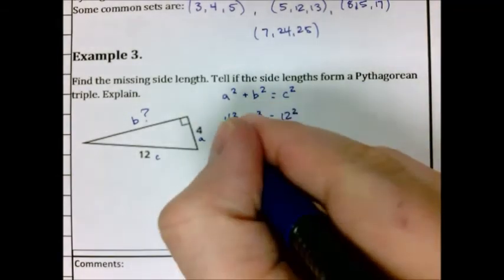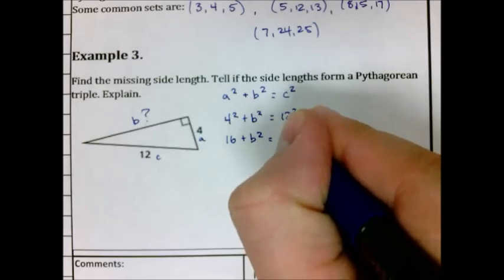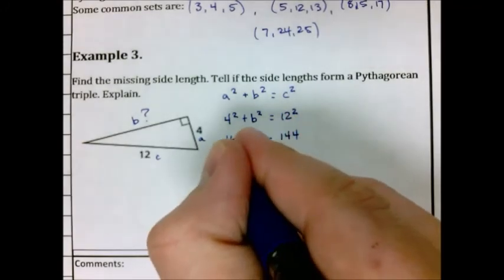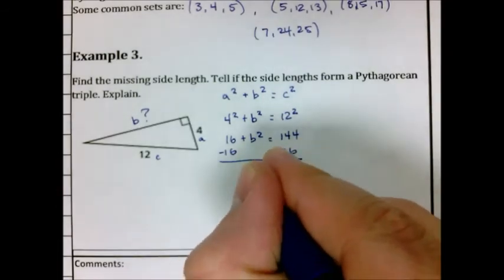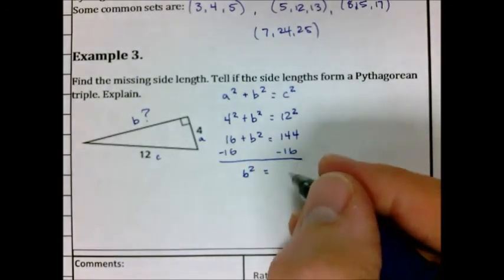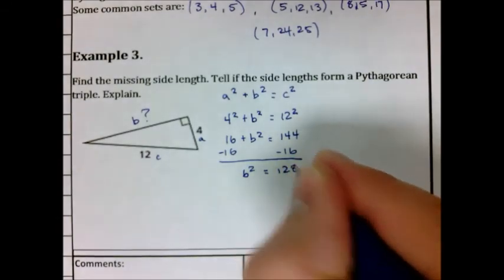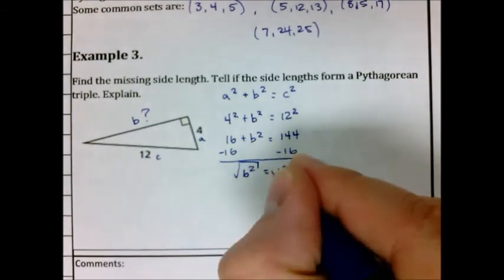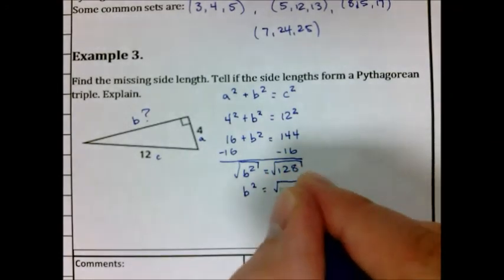We've got 4 squared is 16 plus B squared is equal to 144. Subtract 16 from both sides. And we're left with B squared is equal to, man, what is that? That's going to be 128. Find the square root of both sides, and we get B is equal to the square root of 128.